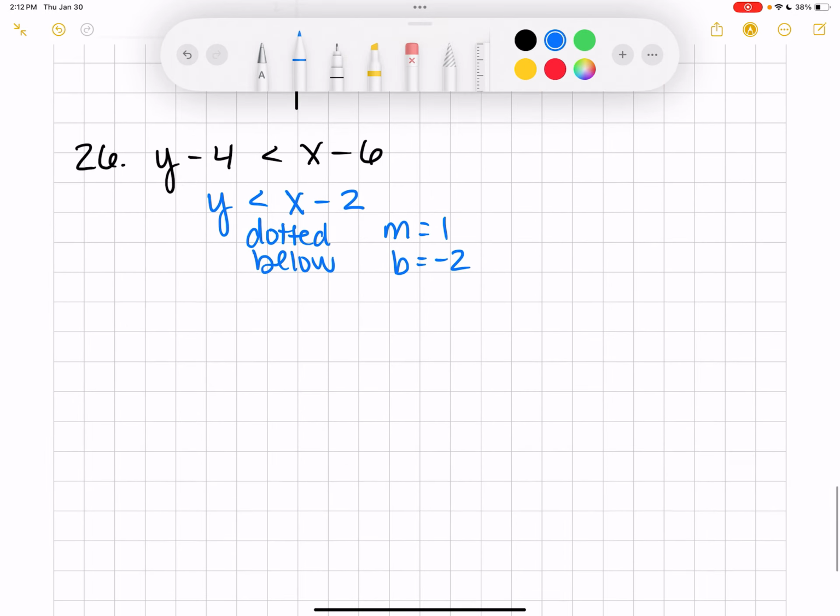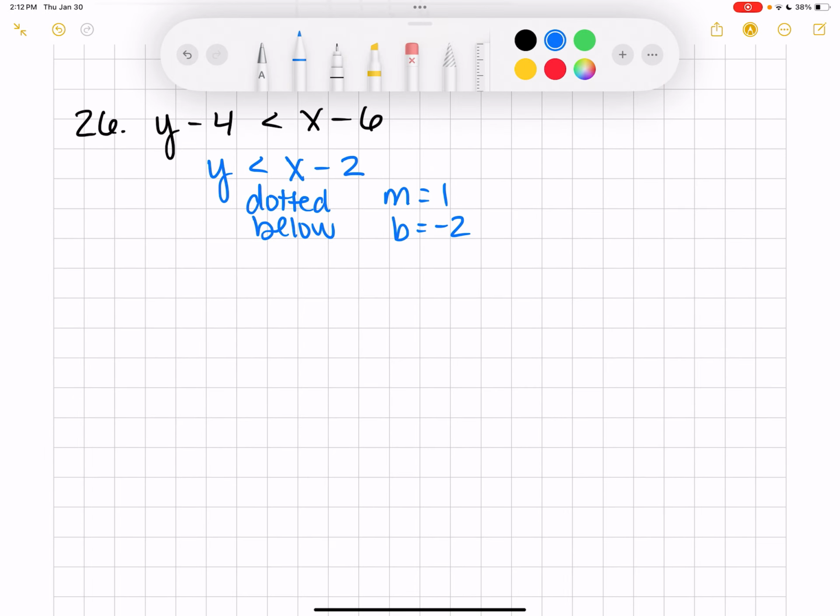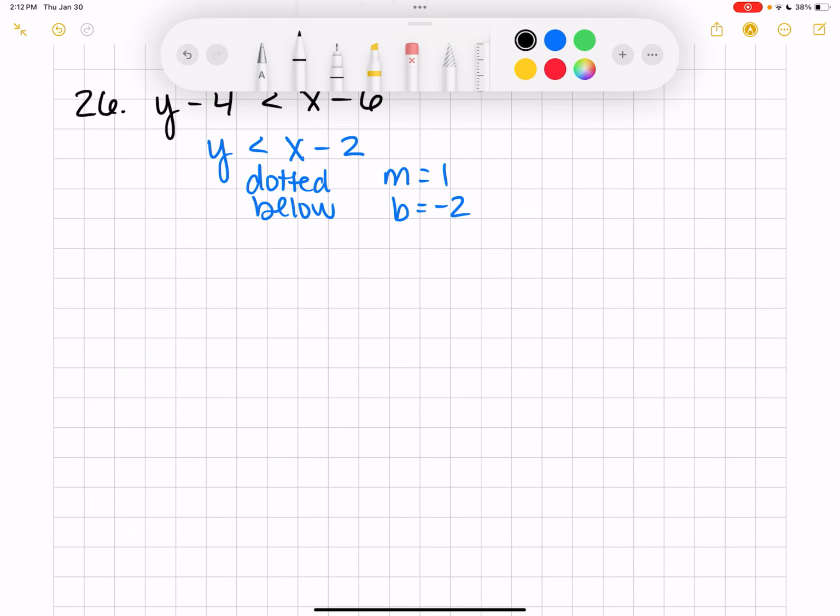So I'm going to set up my graph. I'm just going to count by ones. So normal this time. All right, so I've got intercept at -2, so that's down here. Slope of 1, so up 1, right 1, up 1, right 1. Now, when I go to draw the line, notice it is dotted, okay?